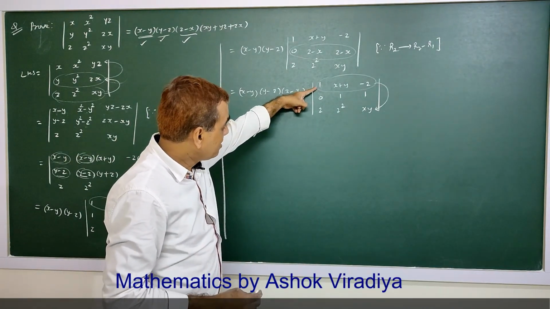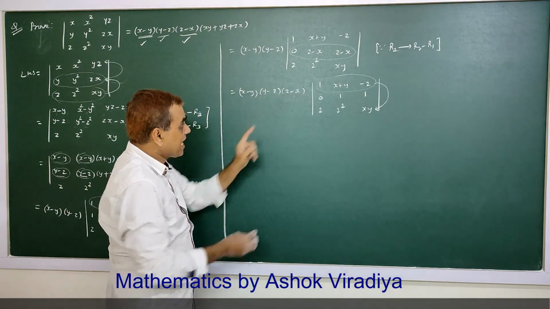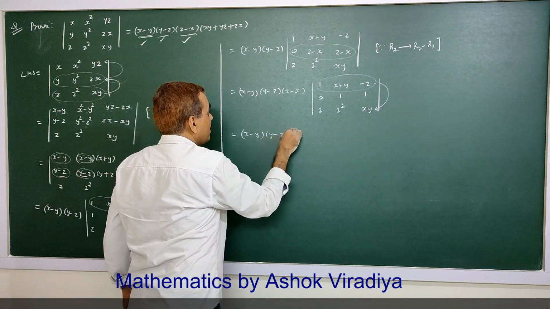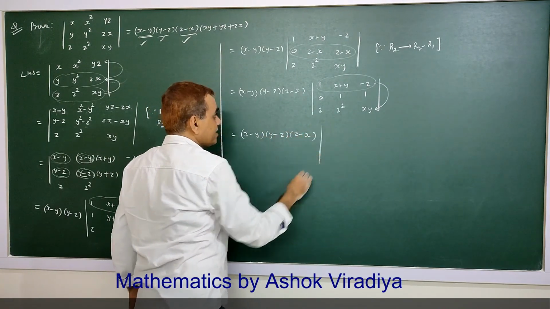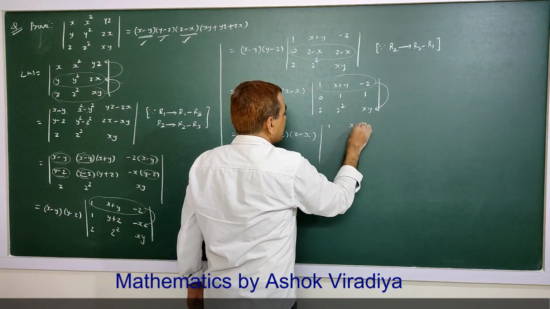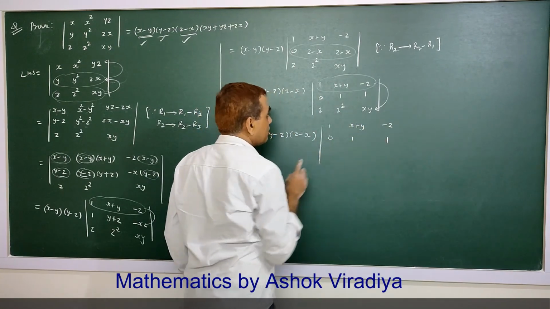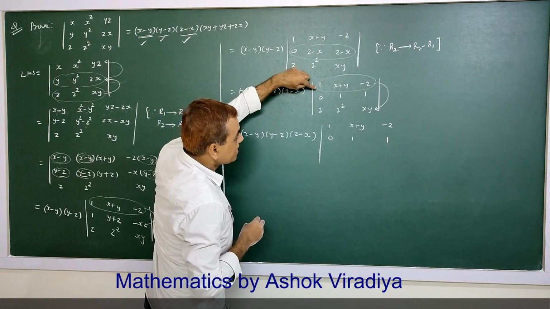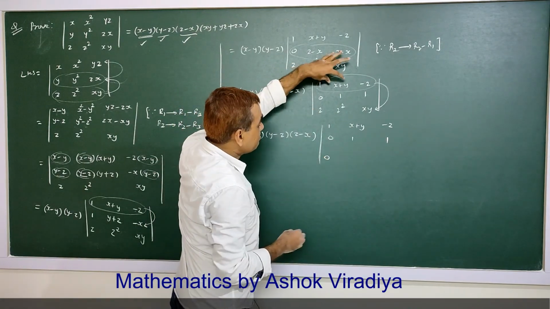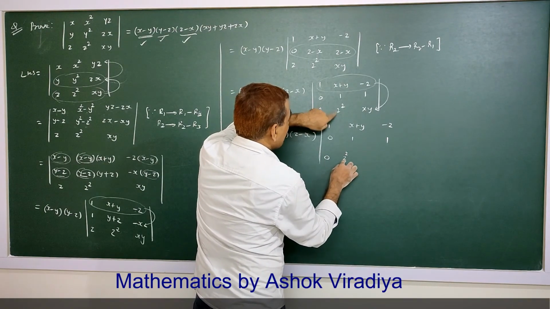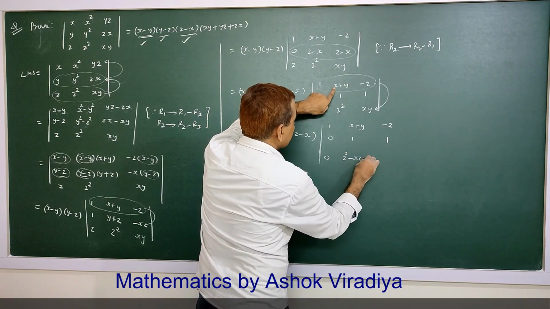So first column multiplying by z and subtracting here: x minus y, y minus z, z minus x, 1, x plus y minus z. Now 0 1 1. Now see, multiply by z, subtract here, so 0. Multiply by z, subtract here, so this was z square minus xz minus yz.